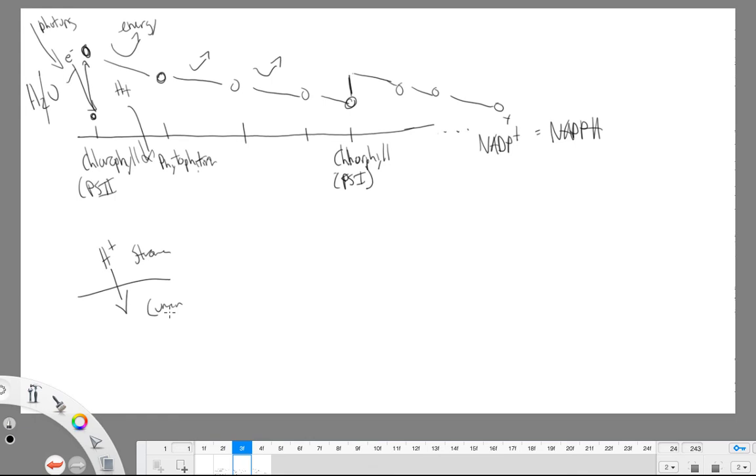So the end result of this electron transport chain is the production of this NADPH, as well as the production of all that ATP as these hydrogen protons that got built up in the lumen make their way back out through that ATP synthase.